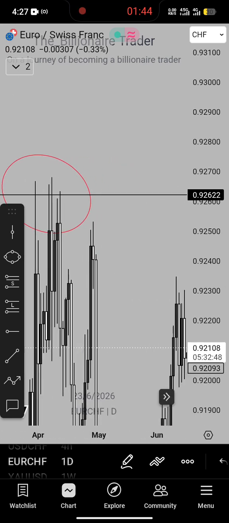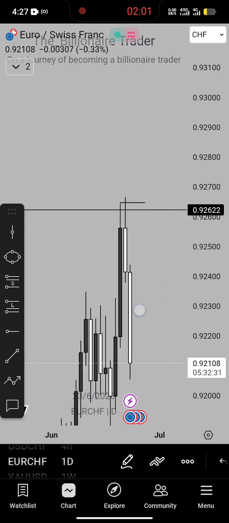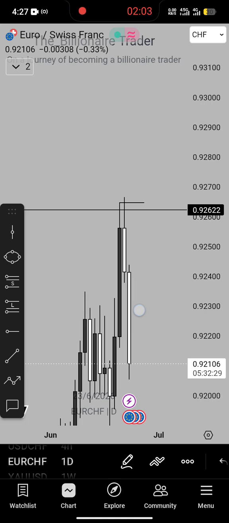Last week we have weekly reject weekly, and this week we have sweep of previous week high. On Friday we had daily reject daily. Yesterday, which was Monday, we had sweep of previous day high.